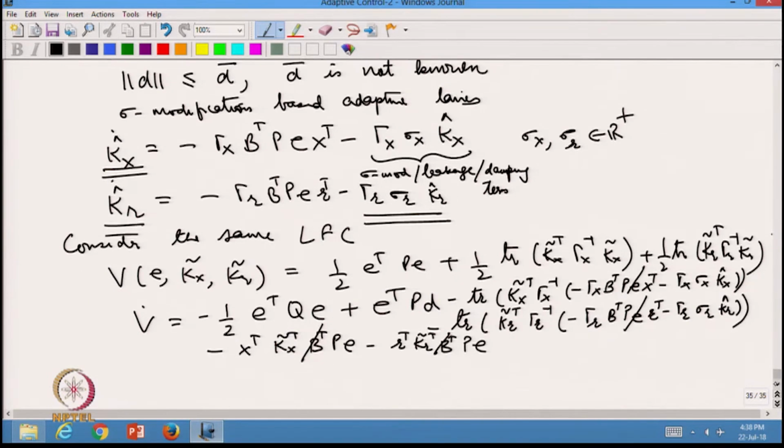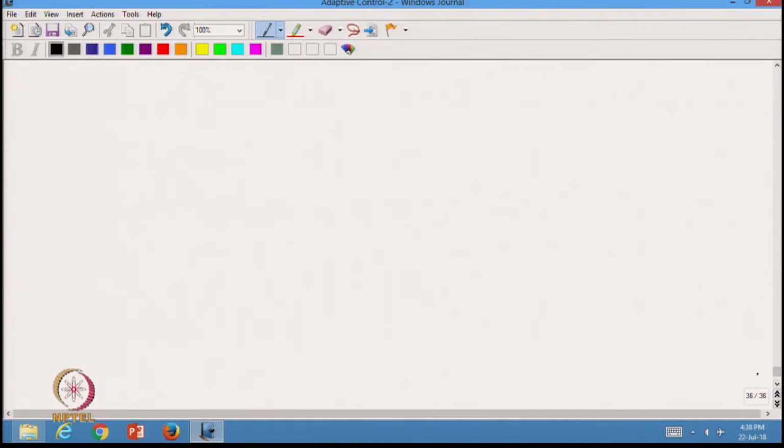So let's look at V dot now. So V dot is minus half E transpose Q E plus E transpose P D plus trace of Kx tilde transpose. Sigma is of course a scalar and can be moved out.